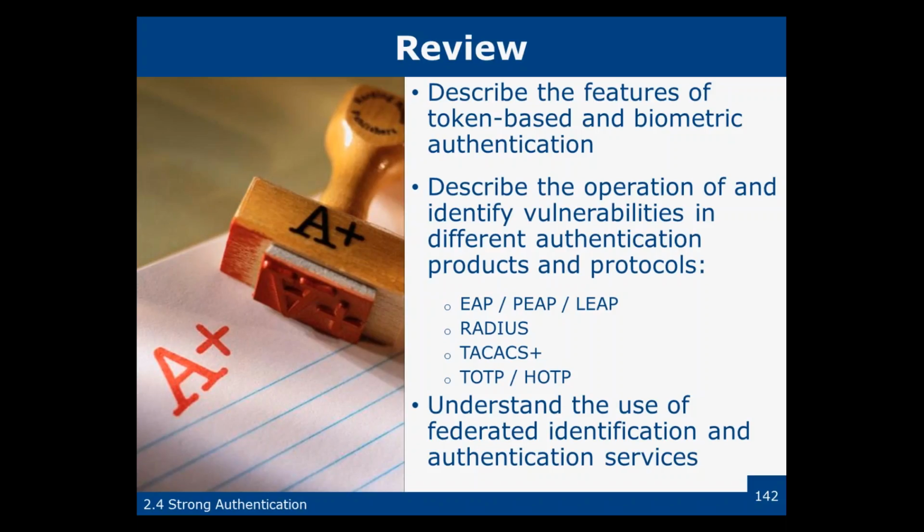So what we have here is a password, a PIN, and a one-time password. Are there components from each of the three? A one-time password is going to be something we have, right? Yes.